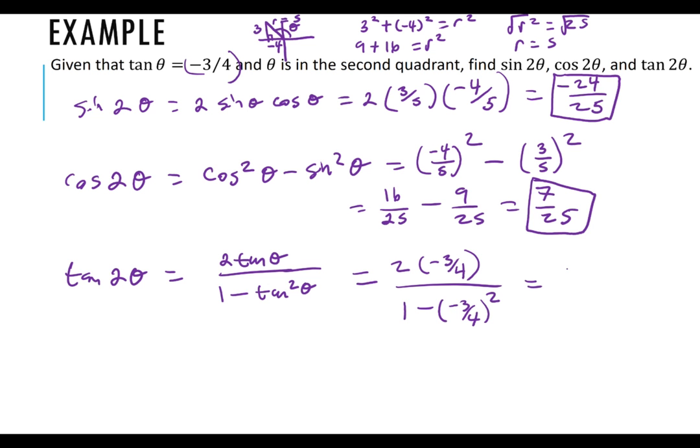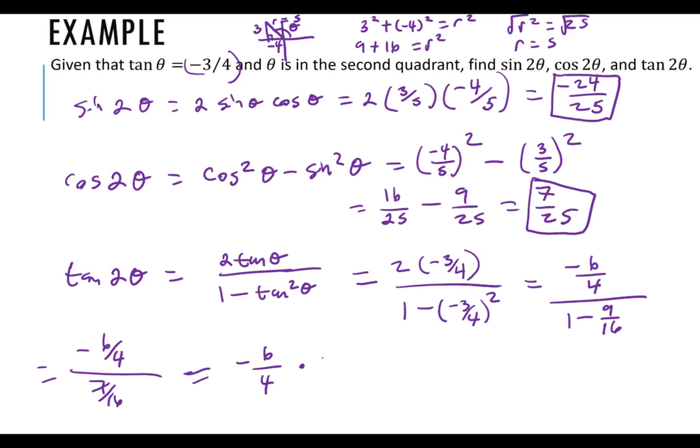And so this gives me negative 6/4 divided by 1 minus 9/16. 1 minus 9/16 leaves me with 7/16, so that's going to be negative 6/4 divided by positive 7/16. But then fraction division becomes fraction multiplication, copy dot flip, negative 6/4 times 16/7.